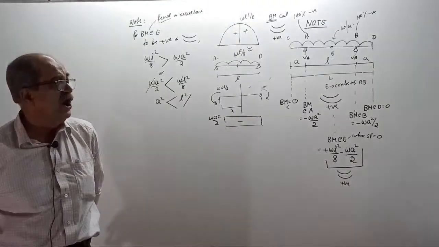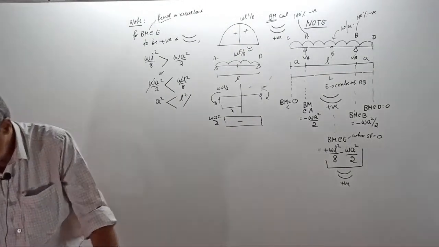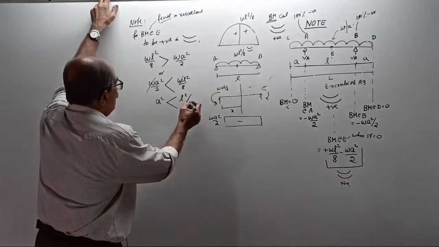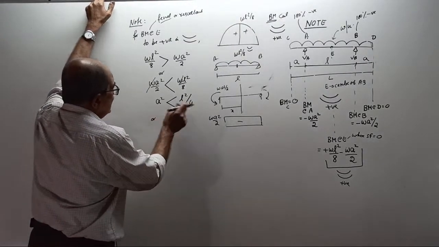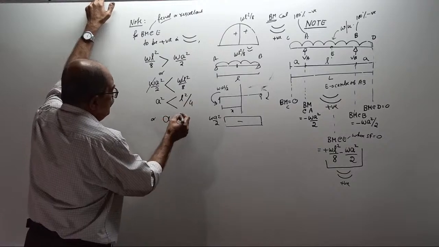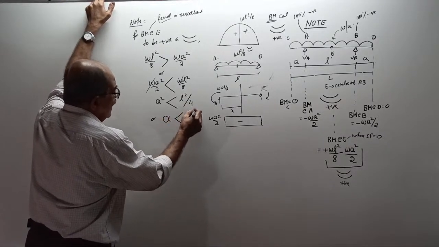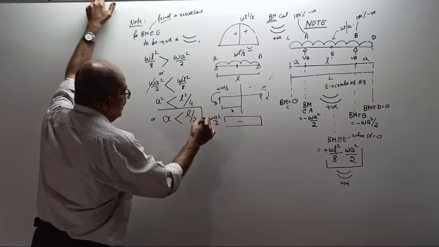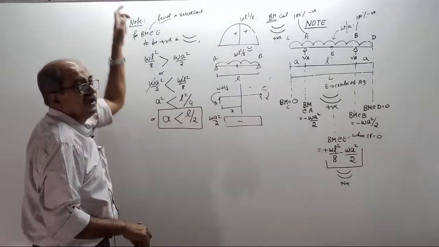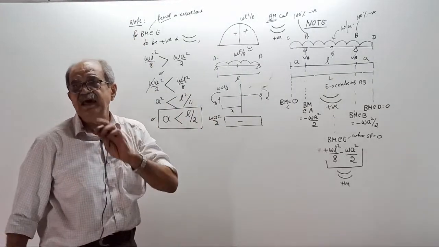If this number cannot be told, class cannot be continued. L square by 4, or take square root: A should be less than L by 2. Oh, this we got yesterday. Correct? A should be less than L by 2.